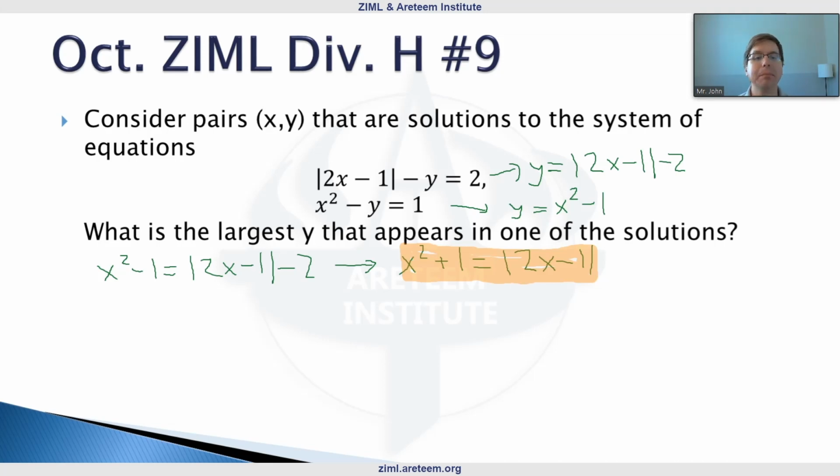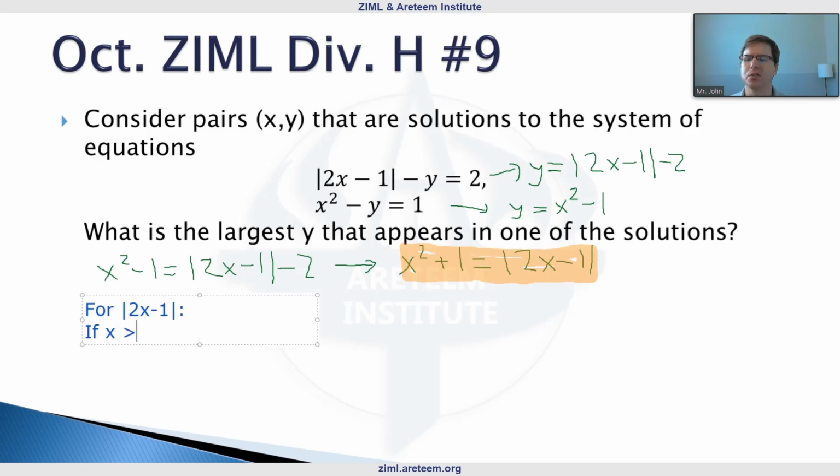Now, remember how we deal with absolute values. Let's put this off to the side. For the absolute value of 2x minus 1, what are some things that could happen? Well, anytime the expression inside an absolute value is positive, we do nothing with it. It just stays the same. So where is 2x minus 1 positive?